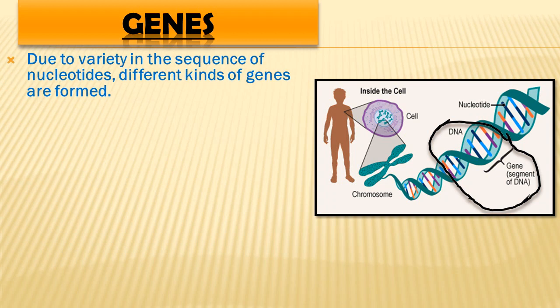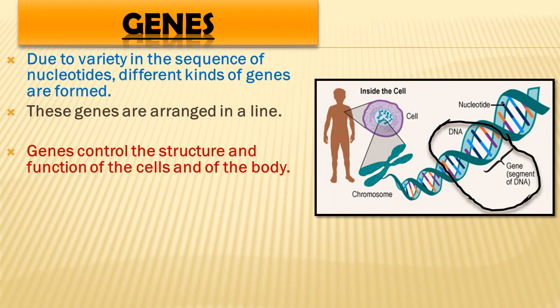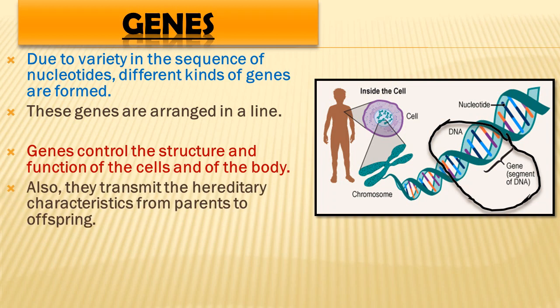Due to variety in the sequence of nucleotides, different kinds of genes are formed. We know that adenine is paired with thymine, and cytosine with guanine, and these sequences are different on different strands. These genes are arranged in a line. Genes control the structure and function of the cells and of the body, and they also transmit hereditary characteristics from parents to offspring.